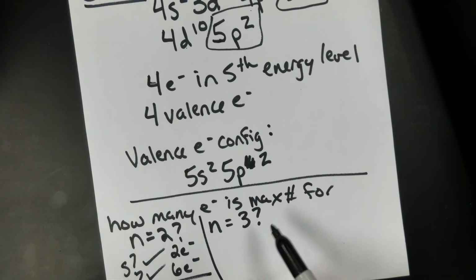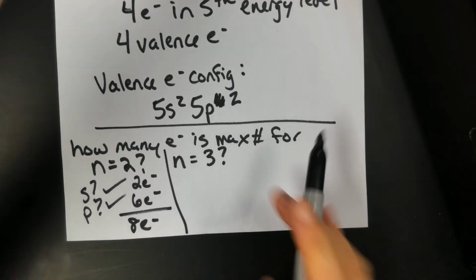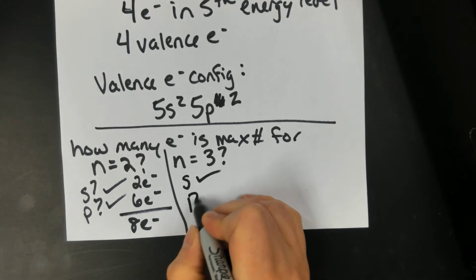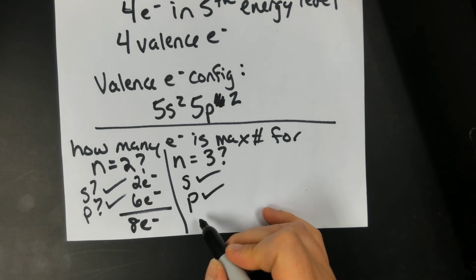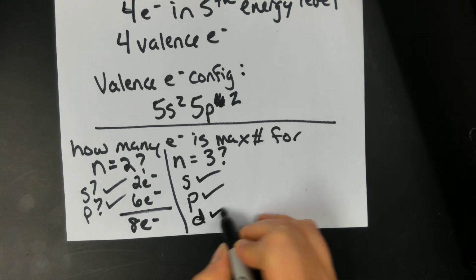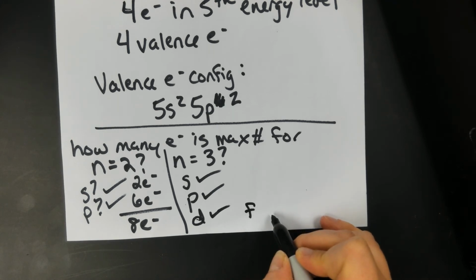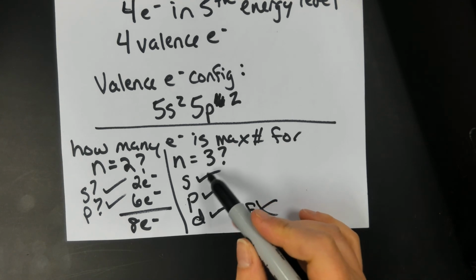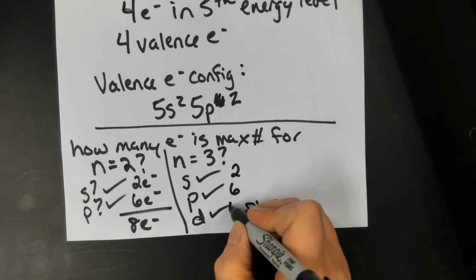How about for n equals 3? We could do it the same way. Can I have an s? Yes. Can I have a p? Yes. Can I have a 3d? Yes. Can I have a 3f? Nope. So I can have 3s, 3p, and 3d. That means I have 2, 6, and 10 to add.